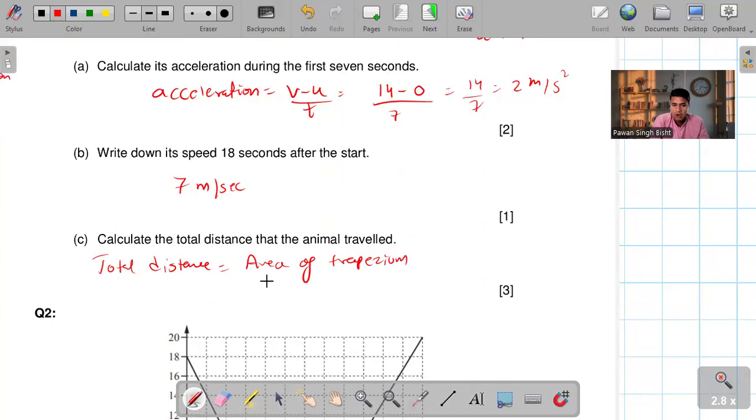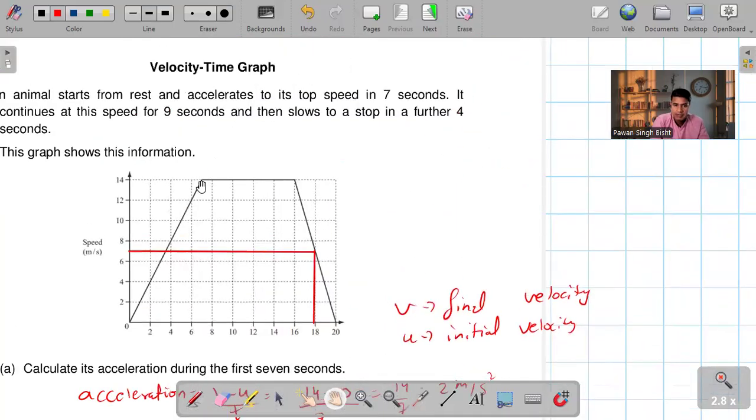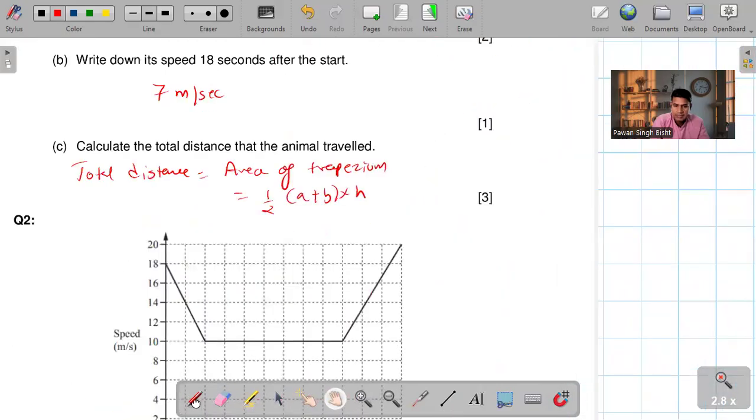We all know the formula of trapezium is half times a plus b times height, where a and b are the parallel sides. These are my parallel sides, and this is the perpendicular height between them.